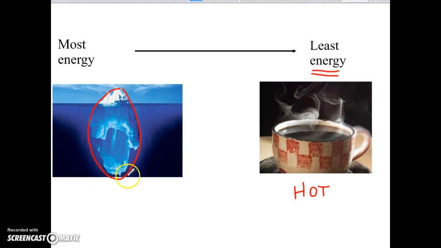So because this iceberg has a much larger mass, it has a lot more energy. There's a lot more cold molecules. You could think about it like today's snowstorm. It's obviously very cold out today, but the storm has a huge amount of energy, which is why we're all home today.